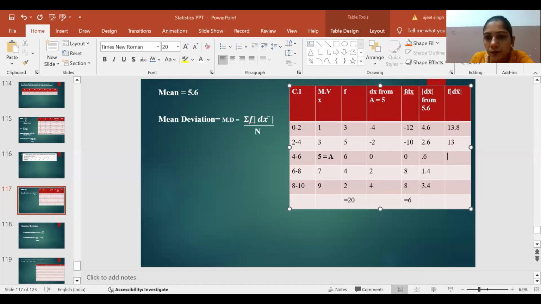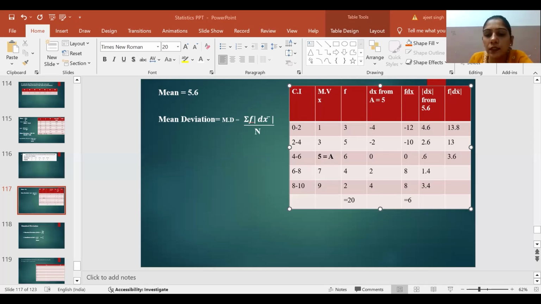Again, 6 multiplied by 0.6 is 3.6. Okay. Next is 1.4 multiplied by 4, which is 5.6.